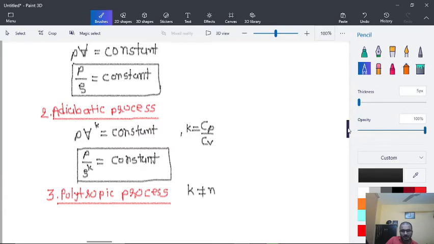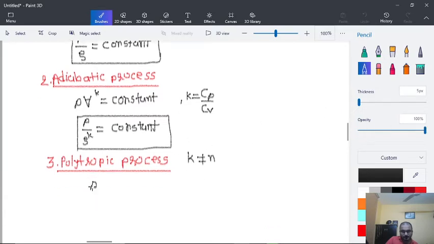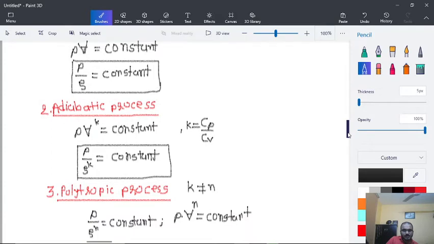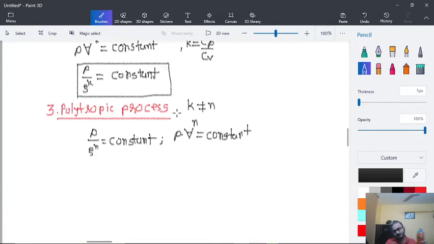So it can be written as P upon rho raised to n equal to constant, as well as P into V raised to n equal to constant. So those are the three processes for which we have written basic equations: isothermal process, adiabatic process and polytropic process.